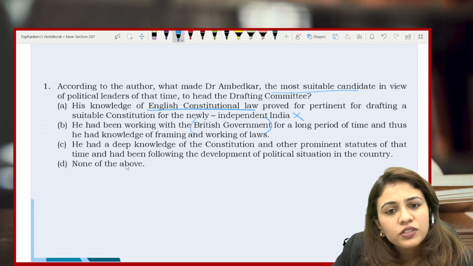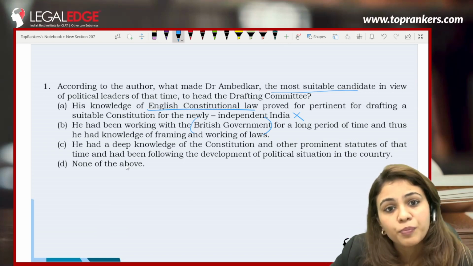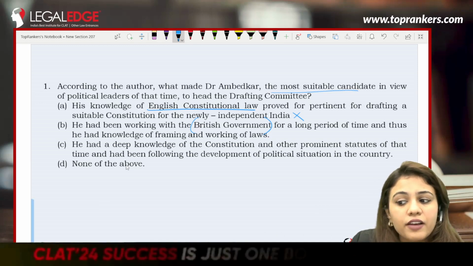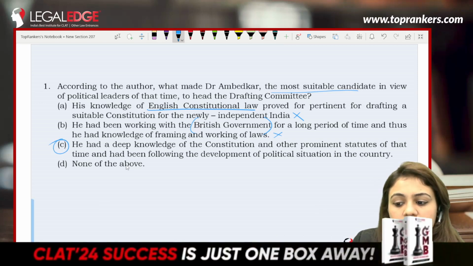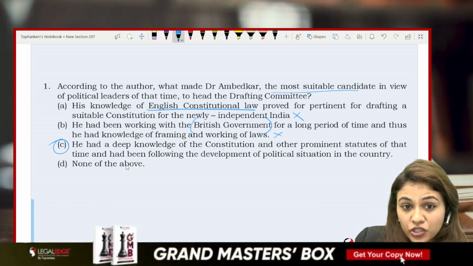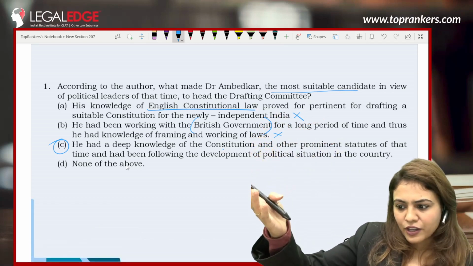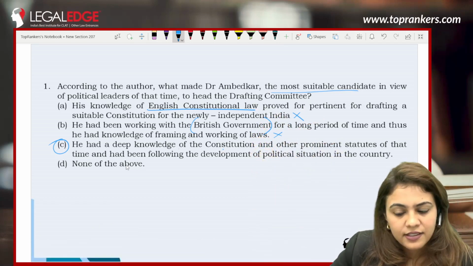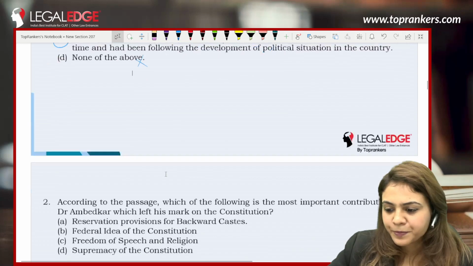He was very closely working with the Indian government and he was very closely related to the political developments of India, never the British government. So, again, this will be eliminated, which brings me to our answer, which is option C. He had a deep knowledge of the constitution, which kind of resonates with what is given in the second paragraph, I think, of the passage. And this is our answer. Obviously, it's not none of the above. I hope you have marked the same.